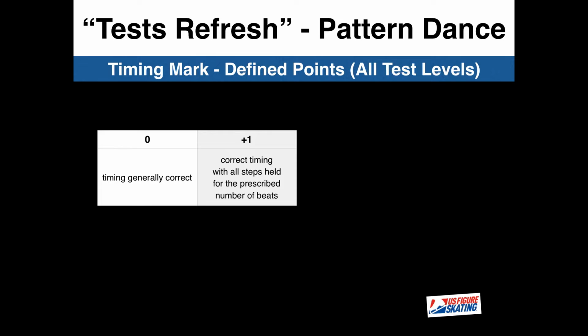And yet, the overall dance remains on time, but not with all steps held for the prescribed number of beats. On the timing mark table, +1 is defined as correct timing, with all steps held for the prescribed number of beats.